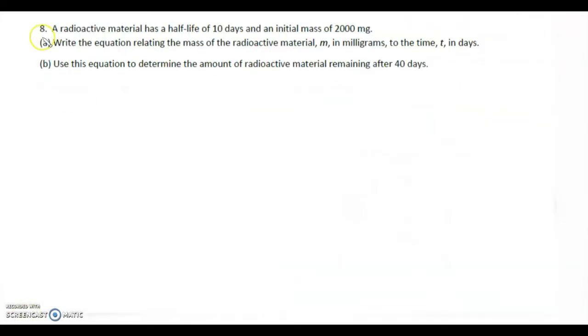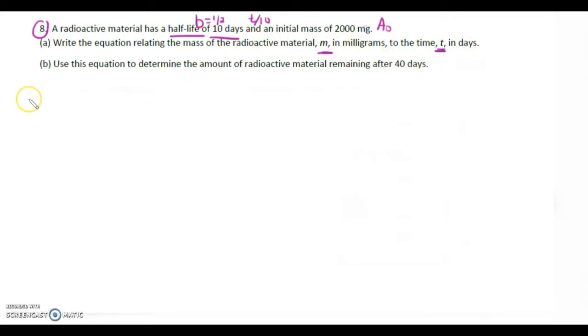Okay, number 8, a radioactive material has a half-life, so the base is going to be 1/2, of 10 days. So we're going to have some amount of time over 10. And the initial mass of 2,000 milligrams, so A0. Write the equation relating the mass of the radioactive material M in milligrams to the time T in days.